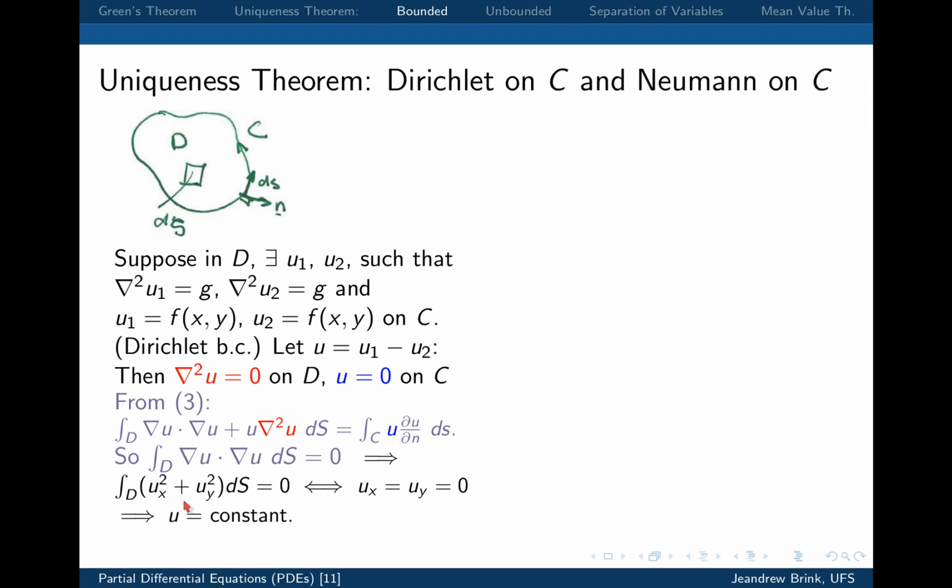Okay? U is a constant everywhere over the domain, but we know that on the boundary u is equal to 0, therefore the constant has to be 0. And so we've effectively proved u is identically 0 on both C and D, and therefore the two solutions are the same. u1 and u2 are exactly identical, which gives us the uniqueness theorem for the Laplace equation.